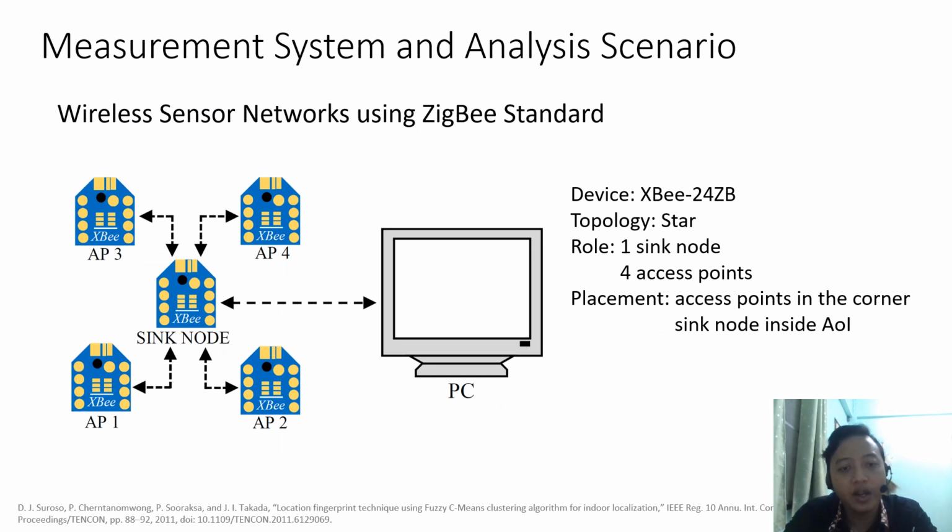To evaluate the effect of applying spatial interpolation on the enhancement of the fingerprint database, we use a dataset from our previous work. We conducted a measurement campaign for the localization system by employing ZigBee standard devices. We applied a star topology with a sink node as the target located in the area of interest, while 4 access points are placed in the corners of the area of interest.